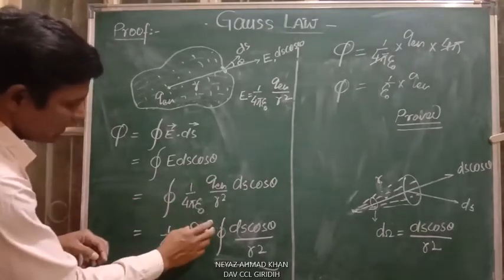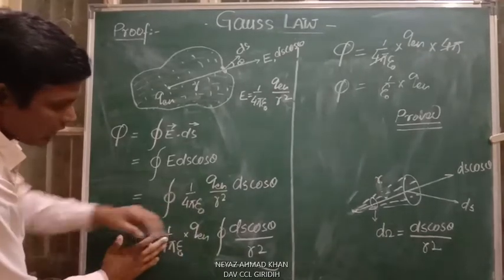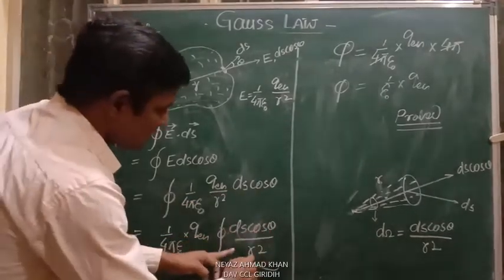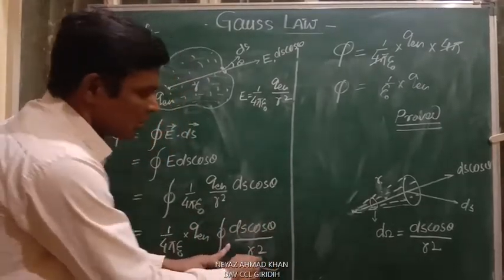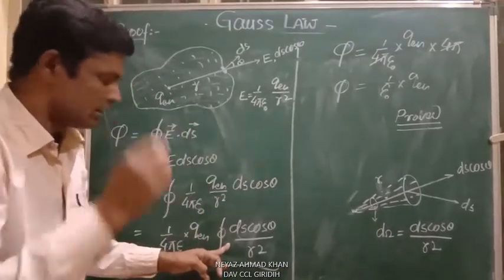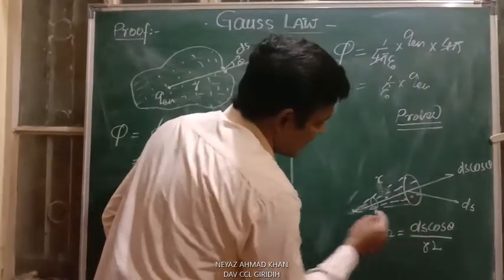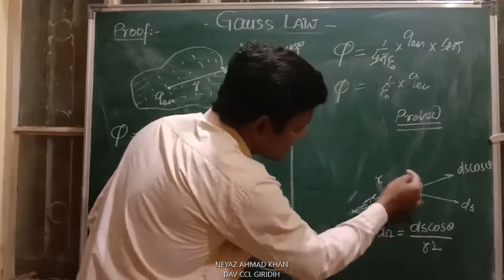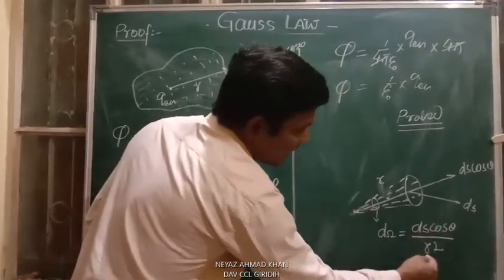Q enclosed and 1 by 4 pi epsilon naught are outside the integration sign, and what remains is ds cos theta by r square. This ds cos theta by r square represents a small solid angle made by a surface at a point at a distance of r. So this is the surface ds at a distance r from here, and the solid angle made by this small surface at this point will be ds cos theta by r square.